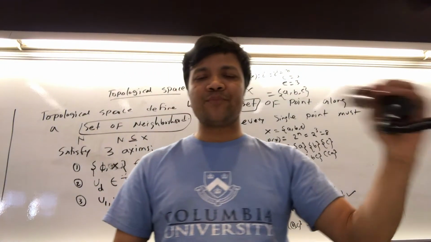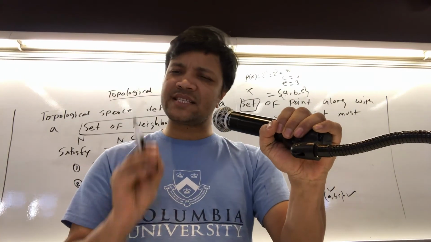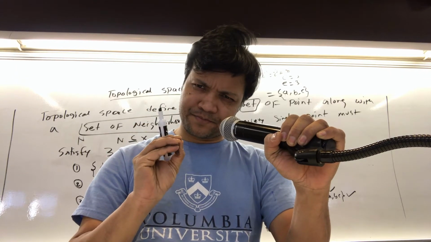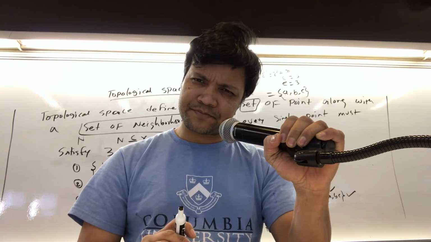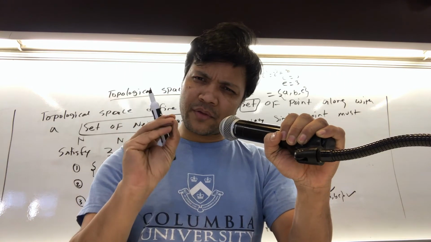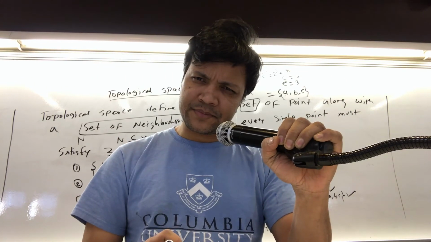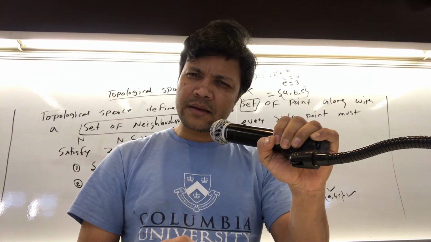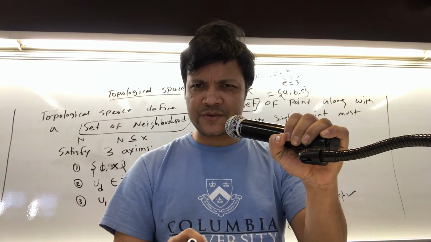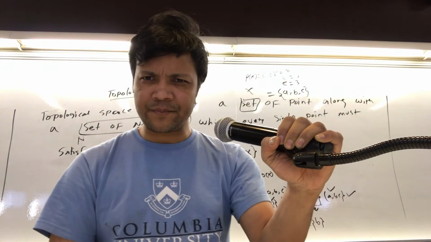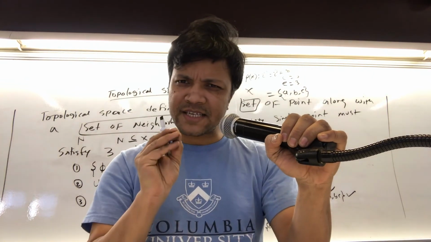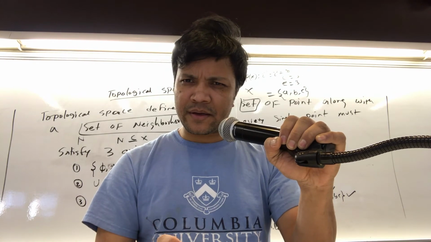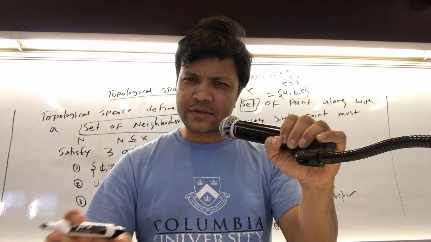So once again, what is a topological space? A topological space is defined by a set of points. Let X be a set, and let's say we have 3 elements in the set, along with a set of neighborhoods, in which every single member must satisfy 3 axioms to be a topological space.